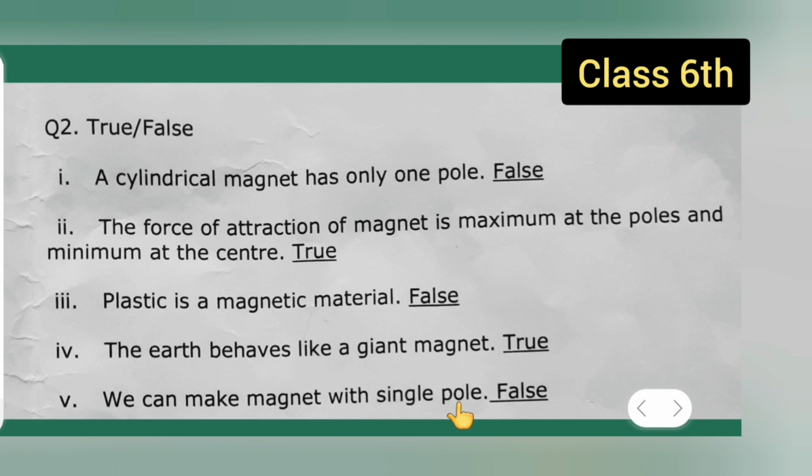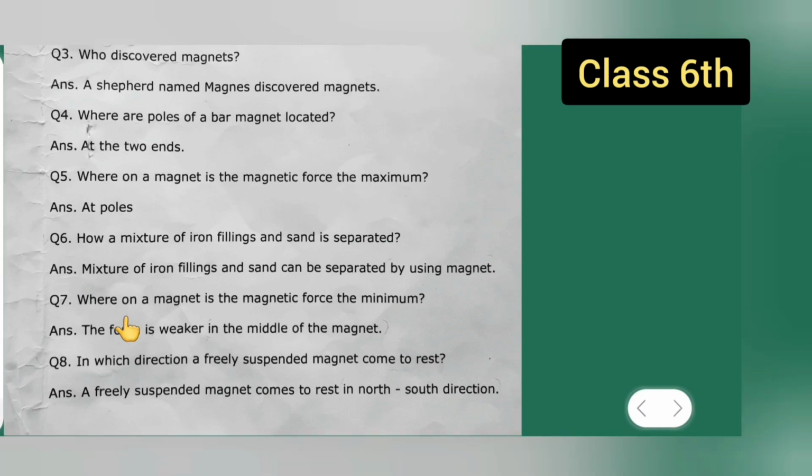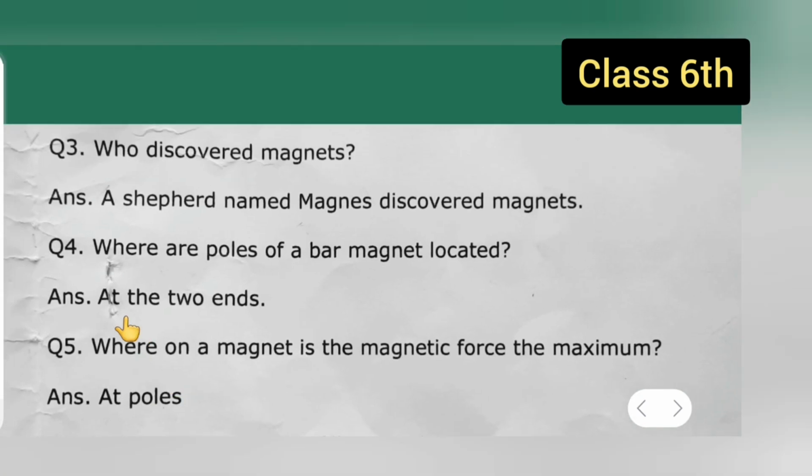Next, let us see question number 3. Who discovered magnets? A shepherd named Magnus discovered magnets. Next question: where are the poles of a bar magnet located? At the two ends.